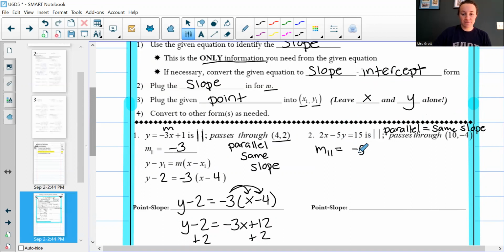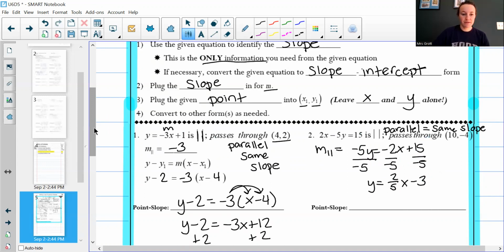So we have -5y equals -2x plus 15. Okay, we moved our 2x over. Divide by -5, divide by -5, divide by -5. Y equals 2 over 5x minus 3.